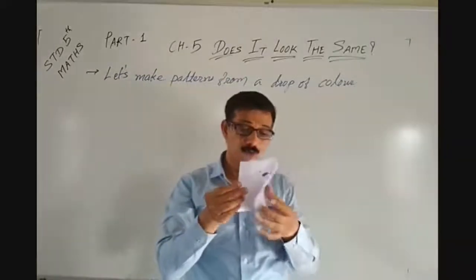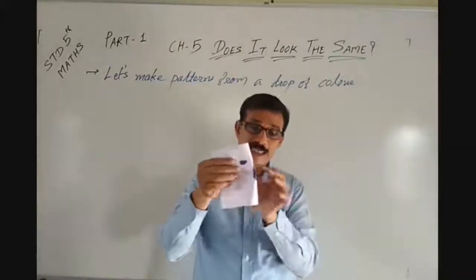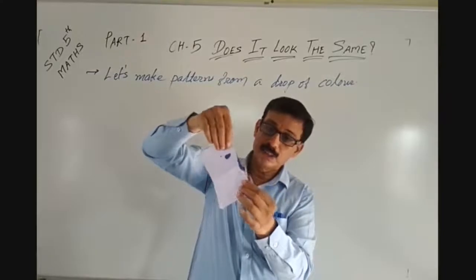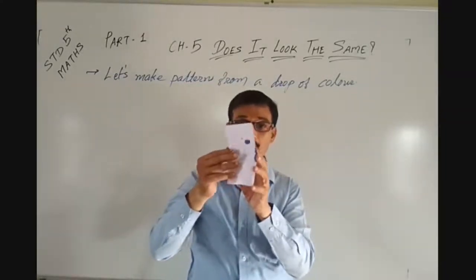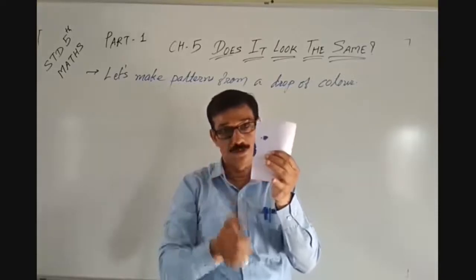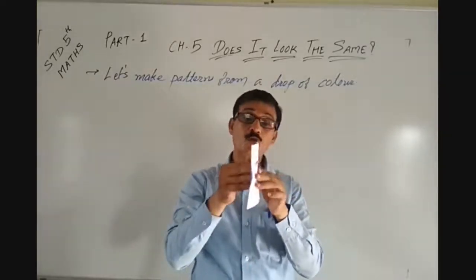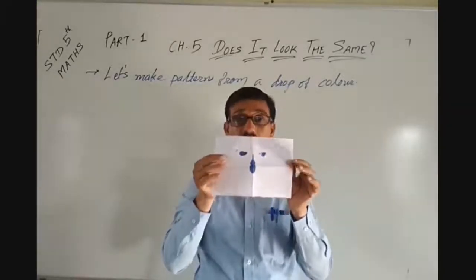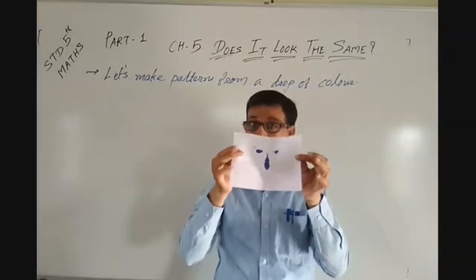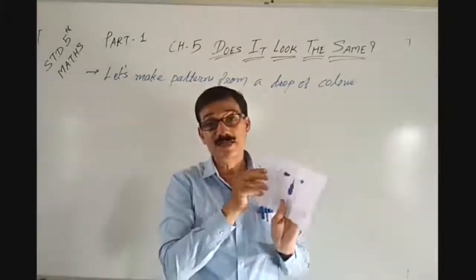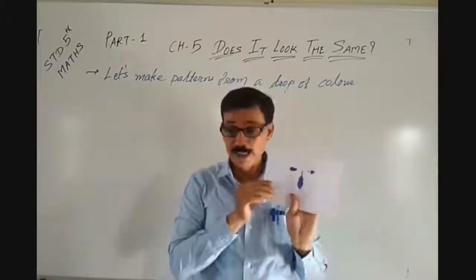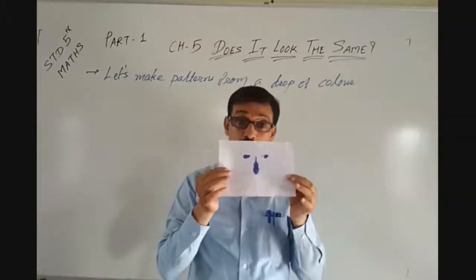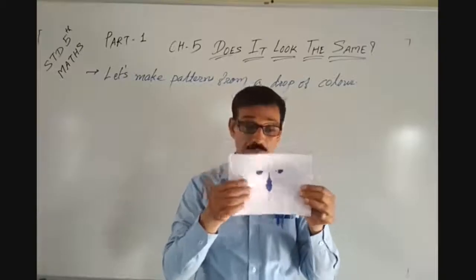Let me tell you, this part is a mirror half of this part. So we come to know what a mirror half is. In this chapter, you must understand this mirror half. It is very, very important for you to understand mirror half.